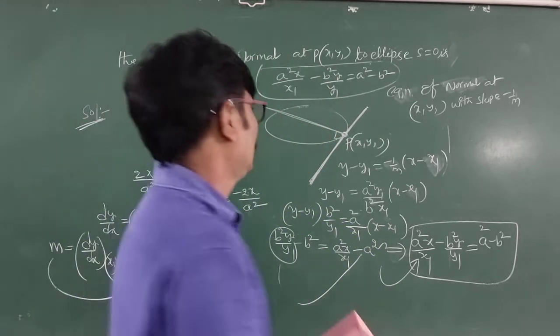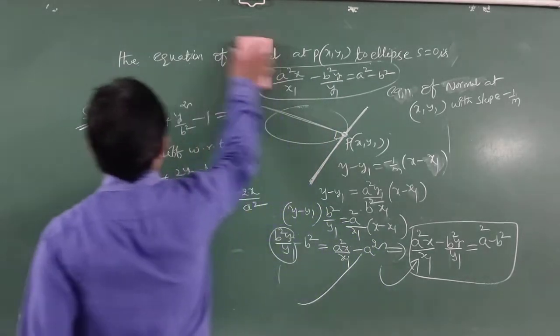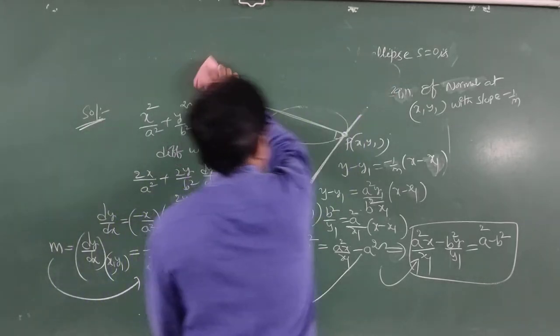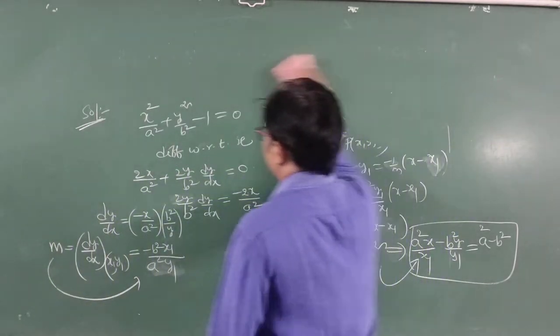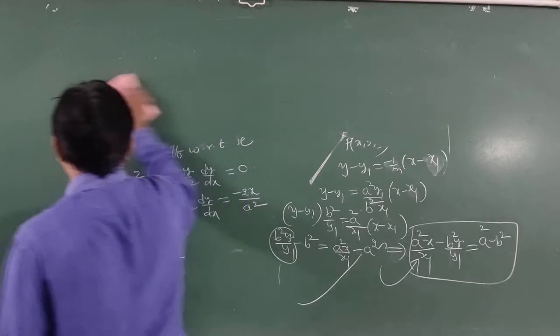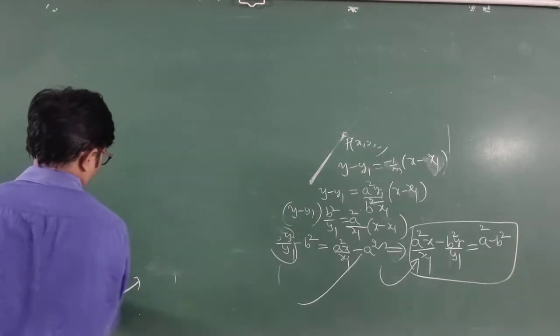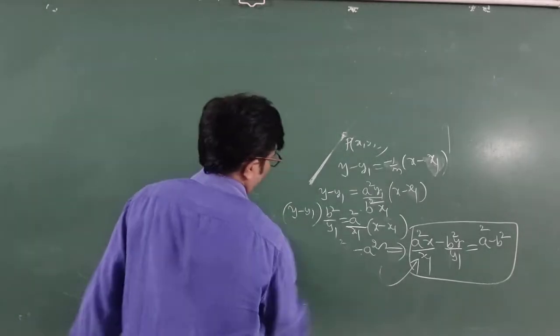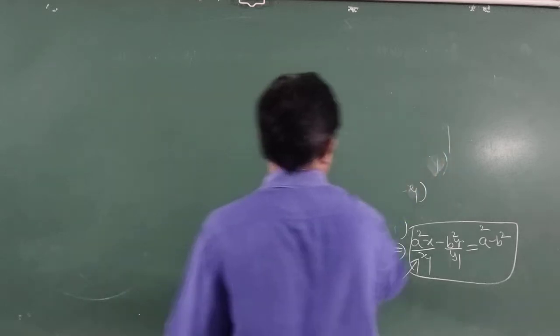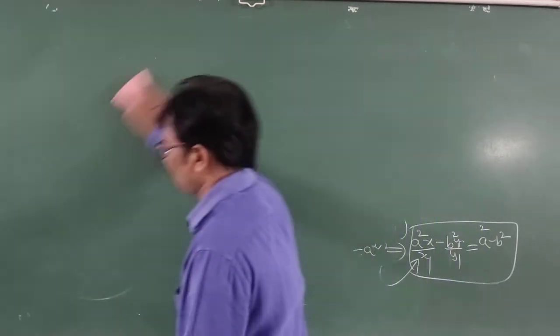Okay students, right now we are going to discuss the condition for the line y equal to mx plus c to be a tangent to the ellipse x square by a square plus y square by b square equal to 1.